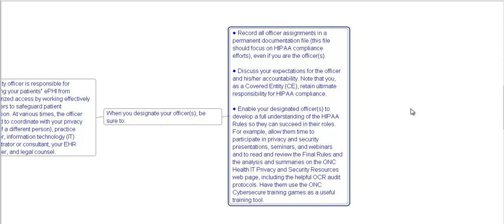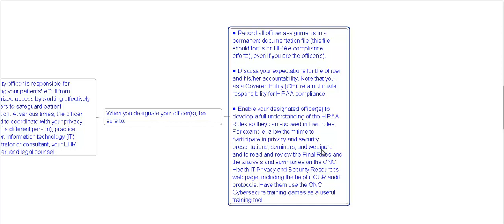Note that you, as a covered entity, retain ultimate responsibility for HIPAA compliance. Enable your designated officer to develop a full understanding of the HIPAA rules so they can succeed in their role.